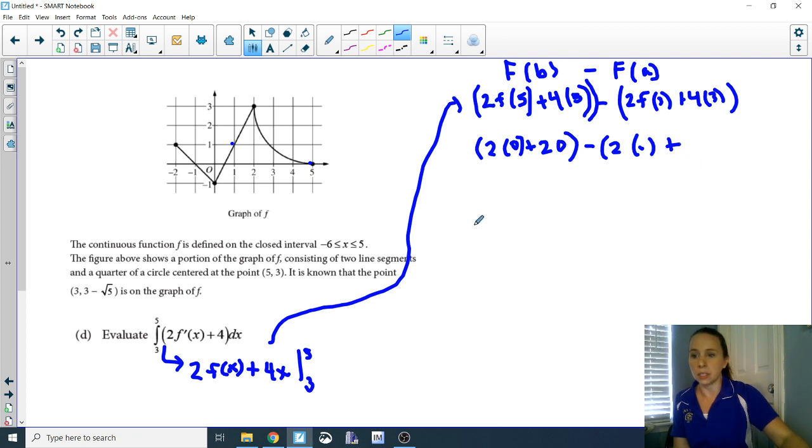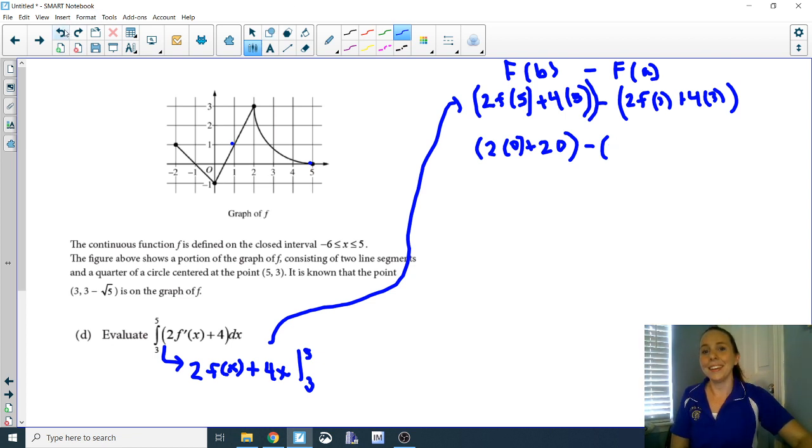I thought that was a 1 because my writing is so bad. I'm sorry, that's a 3.